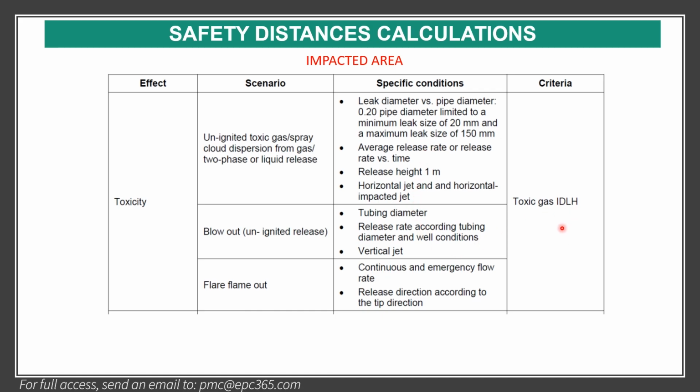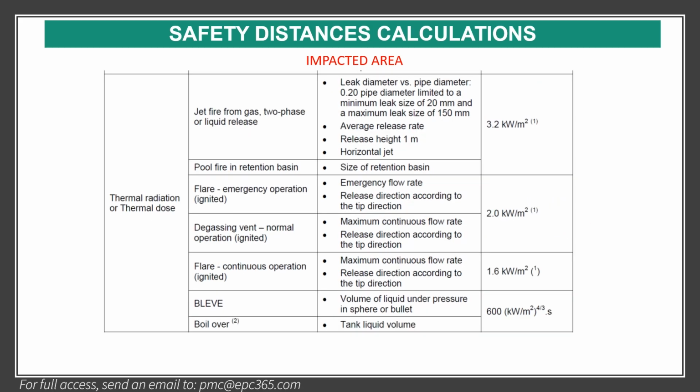For the toxic gas, the criterion is immediate danger to life and health, IDLH. For thermal radiation for jet fire it is 3.2 kilowatt per square meter, in case of liquid release and in case of the flare it is 2 kilowatt per square meter, and for BLEVE it is 600 kilowatt per square meter.